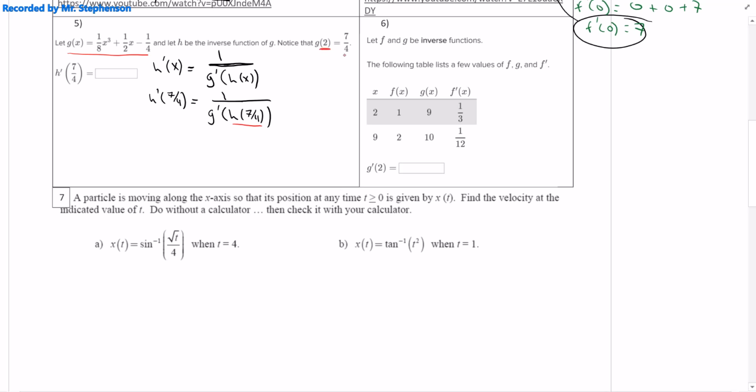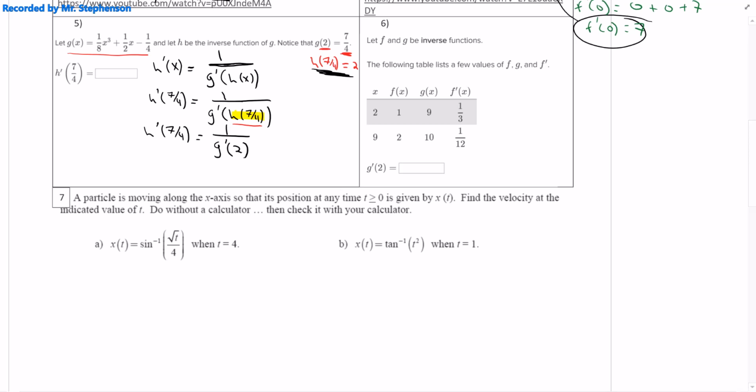I'm given some information up here that g of 2 is 7/4, which means h of 7/4 is 2. The x and y coordinates shift. So h prime of 7/4 is going to be 1 over g prime of 2, because h of 7/4 is 2.